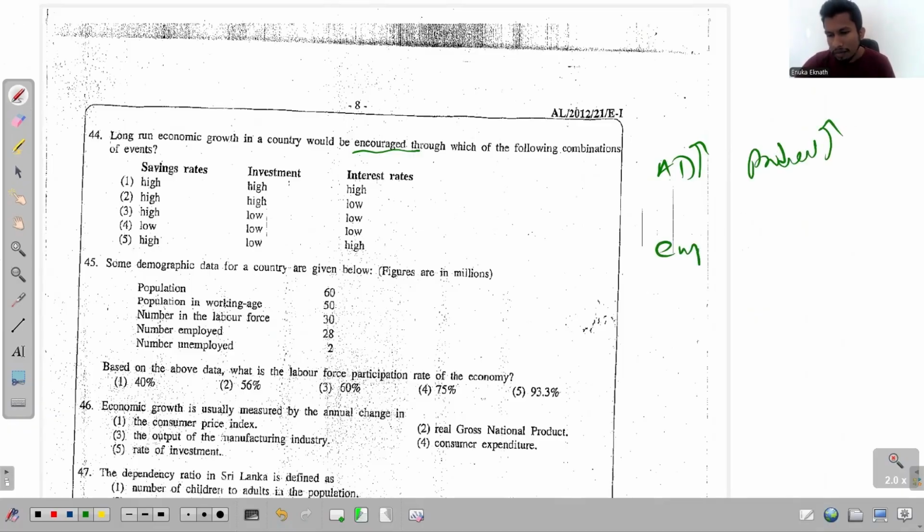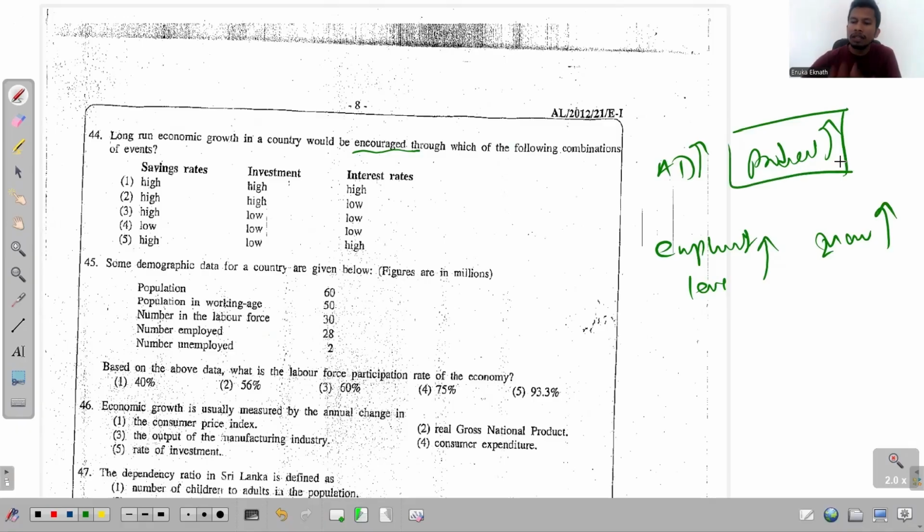Even the employment level should go up, income should go up. ඔය ටික තමයි වෙන්න ඕනේ. එතන economic growth එක බලනවා more than everything we just need to look at this the real growth in the production. හරි එහෙනම් which one of the following situations will encourage this long term economic growth?